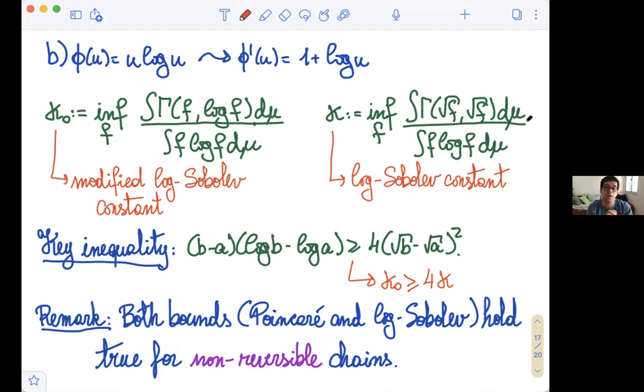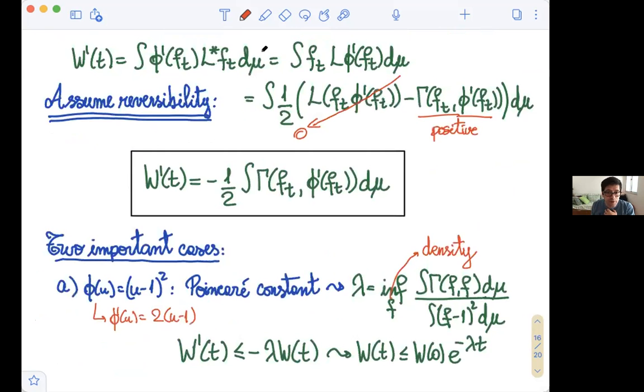If you do the computation, there was one step where I told you that you have to assume reversibility, but let's check it here. In the case of phi equals 1 minus u squared, so forget about the 1, what you get here is f times L star of f. But f times L star of f is equal to f times L of f, because of symmetry. So you don't need to assume reversibility to get this identity in the case of the L2 norm.